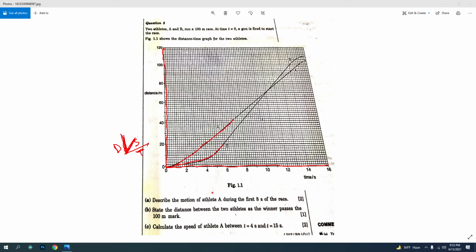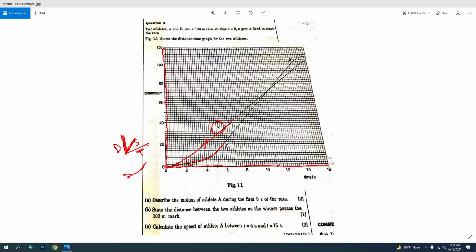Okay, describe the motion of the athletes during the first 8 seconds. This is person A, athlete A. A has started the journey from zero, and you are watching the bending tendency until 4 seconds.